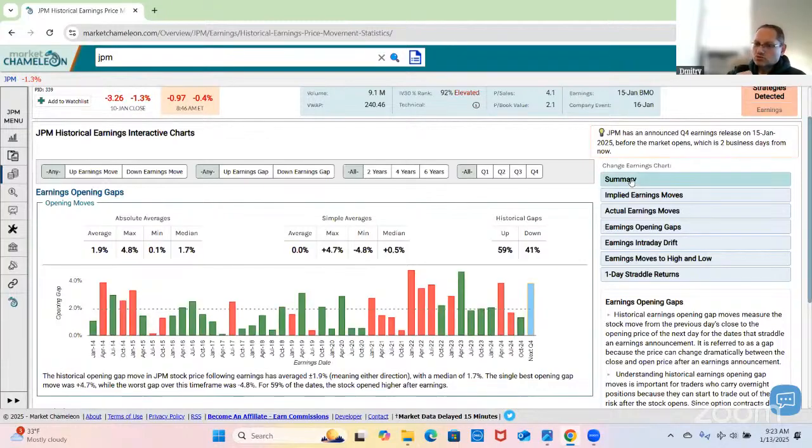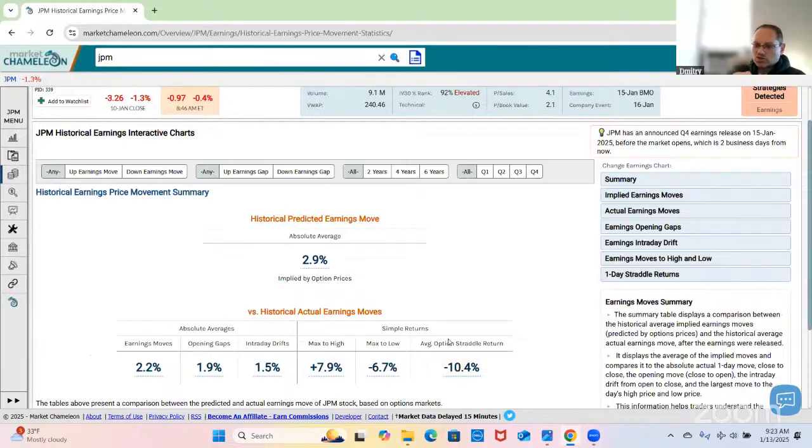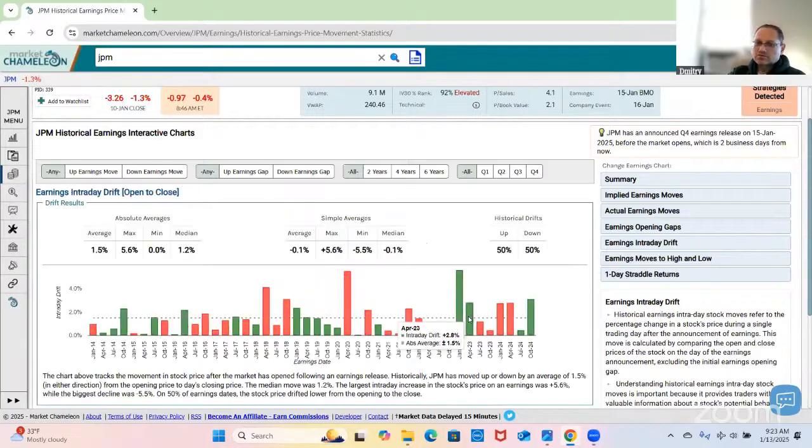So let's just do one more with the intraday. So intraday move 1.5. Here it is. And what this is, again, letting us know the moves from the open to the close. So this is going post earnings release and the initial opening, right?